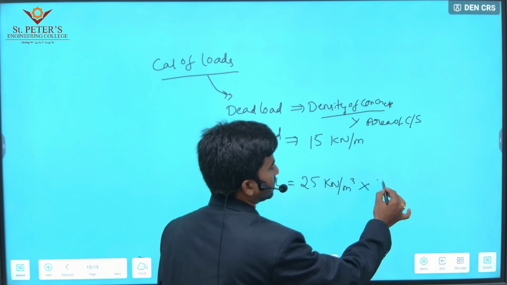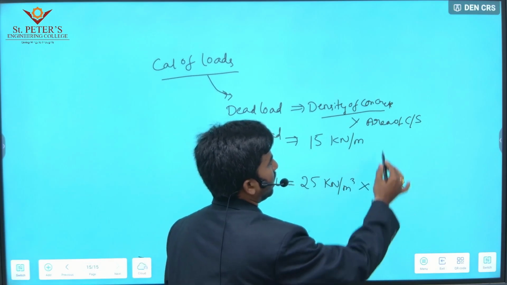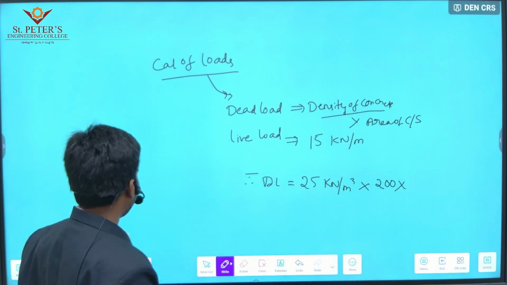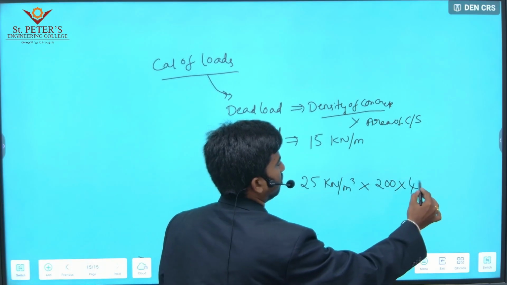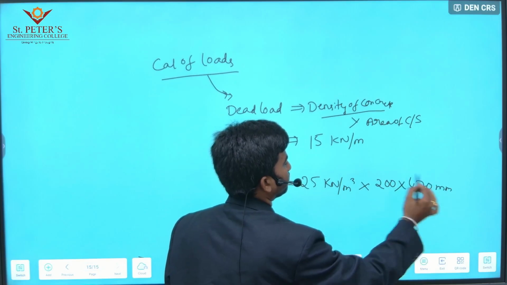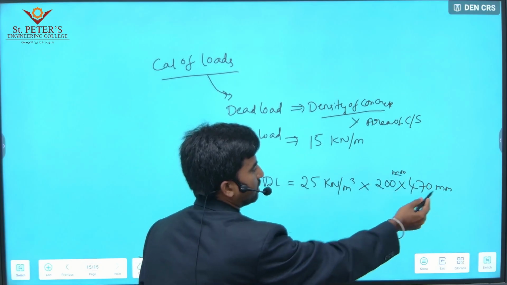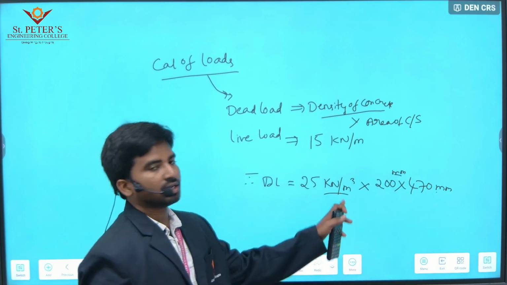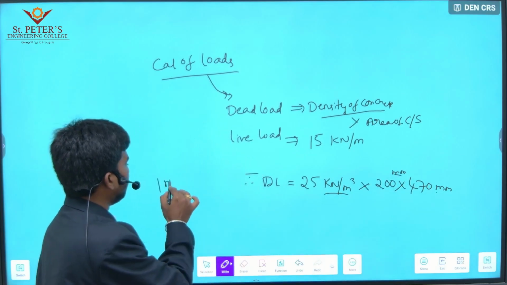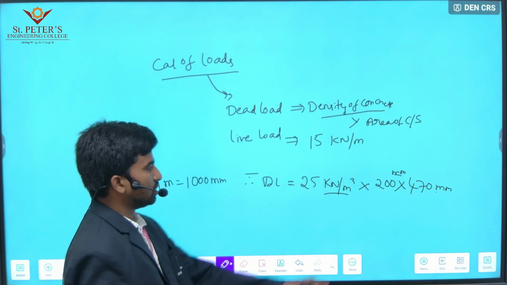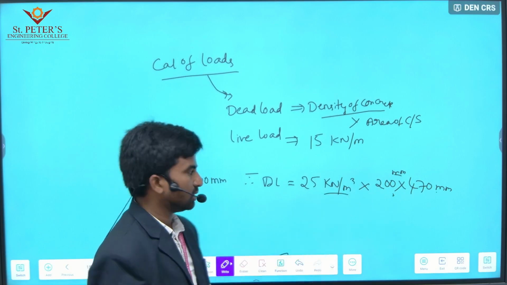The area of cross section is 200 multiplied with the overall depth. Here we are taking the overall depth, 470 mm. The units here are in mm, while the value is in meter, and you know that 1 meter is equal to 1000 mm, so you should convert mm into meter.